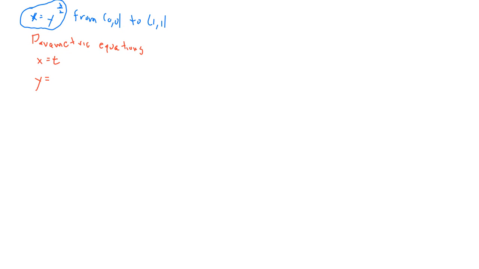So if x equals t, what's y have to equal? Well, if x is y to the 3/2, y has to equal t to the 3/2. And incidentally, t would be between 0 and 1, because when t is 0, that'll start you at the origin, and when t is 1, that'll take you to the end point, (1, 1). So this here is one set of parametric equations.